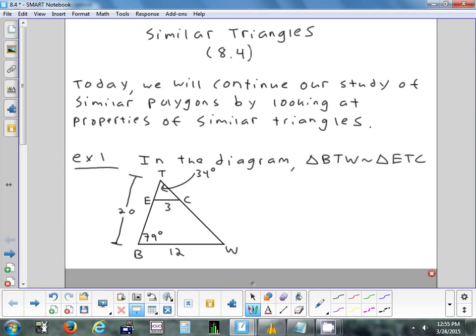Two things we know. If those triangles are similar, first thing, all the corresponding angles are what? Congruent. We know corresponding angles are congruent. One other thing that we know: if they're similar, that means the triangles are proportional.